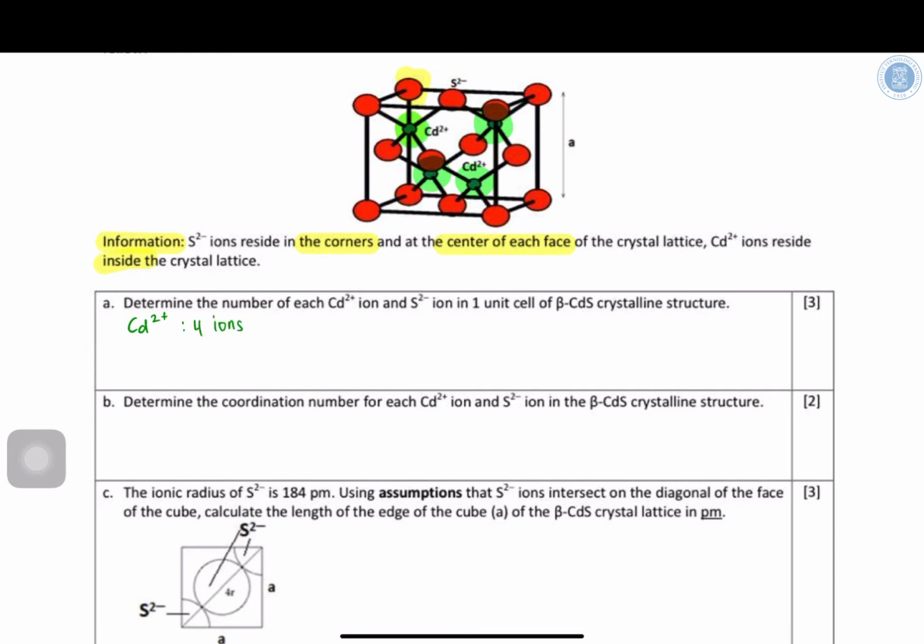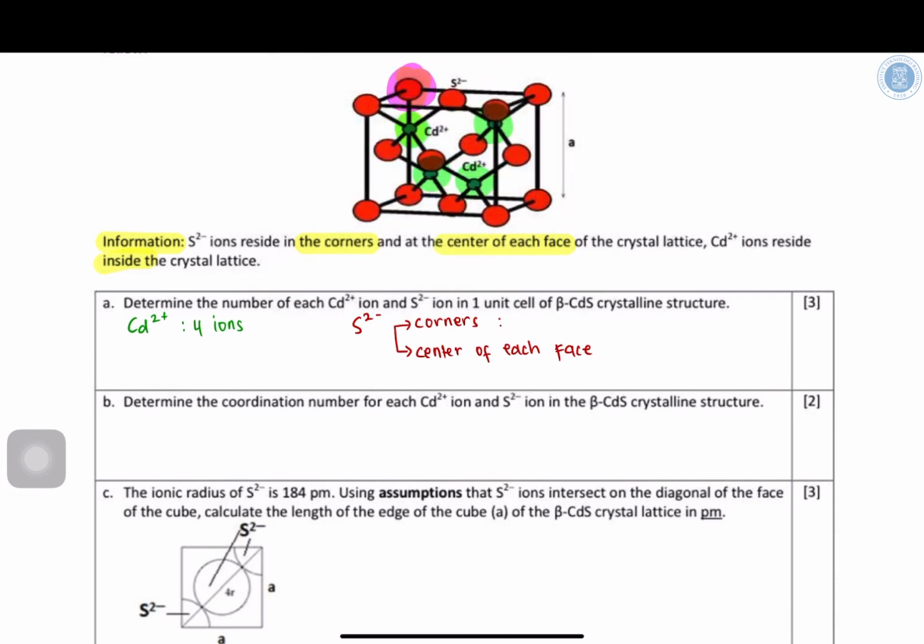And then if we take a look at the red ball, because we want to calculate the sulfide. Now, the sulfide ion has two different places. The first one is the corners. There are some in the corners, and there are some which reside at the center of each face. For the ones in the corners, we know that a cube has 8 corners.